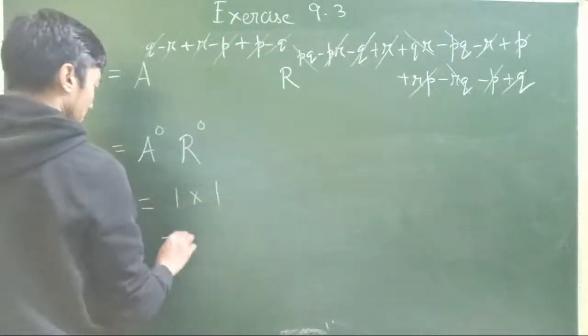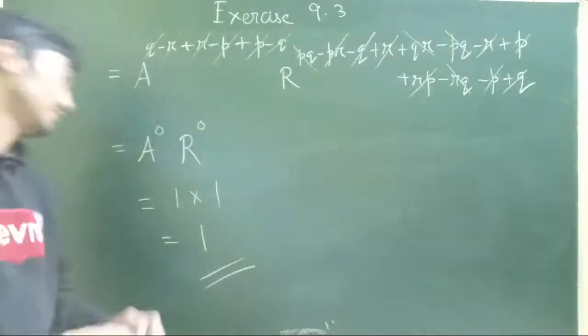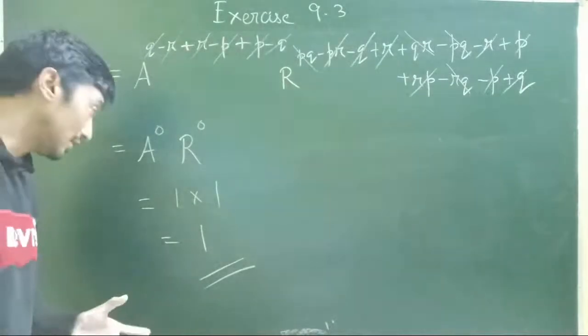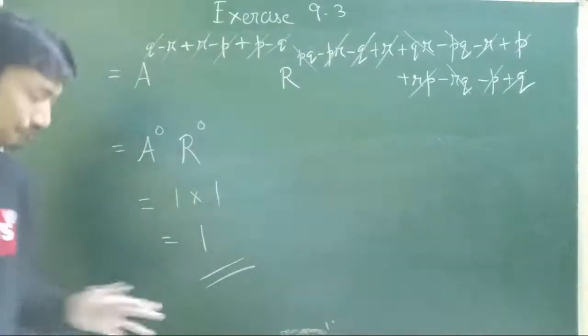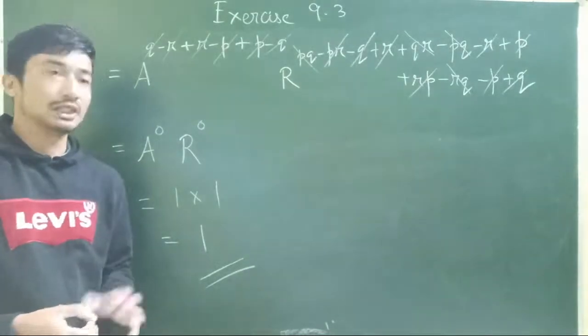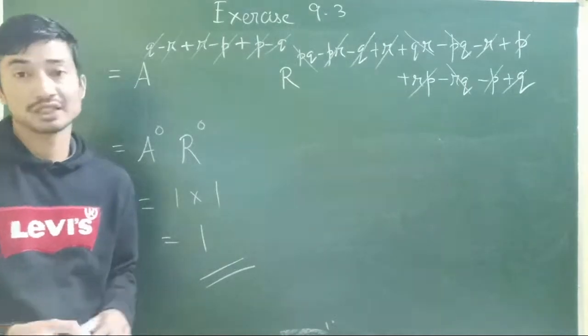Anything to the power 0 is 1. Don't we have the proof here as 1? Yes, we do. So it's simply arithmetic, just using some properties of geometric progression, but it's about addition, multiplication and subtraction. That's it.